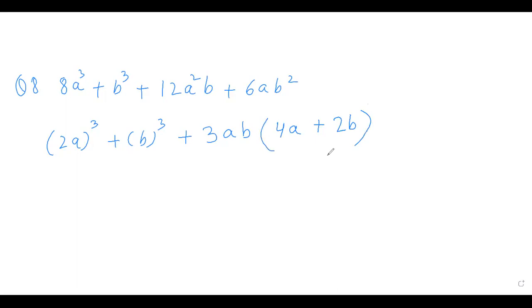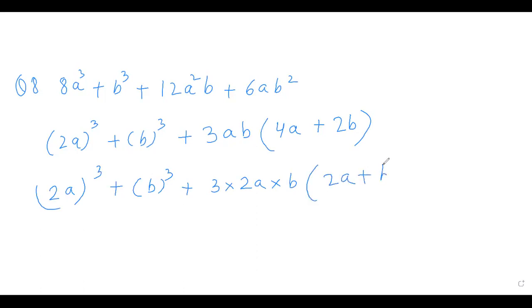Okay, so if you take two more in common, then it can be 2a cube plus b cube plus 3 into 2a into b in the bracket 2a plus b.